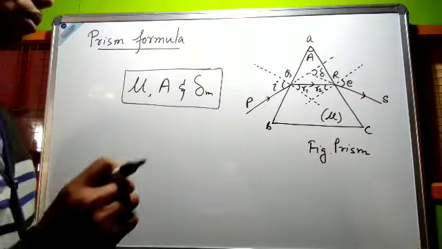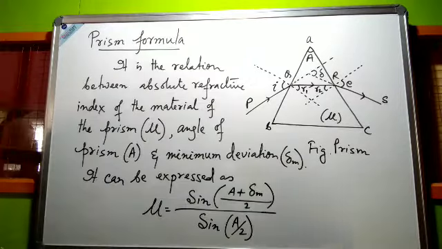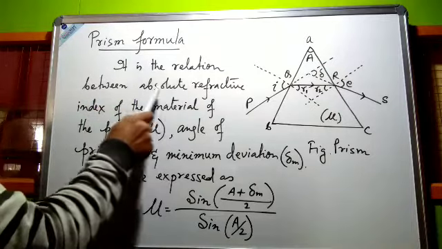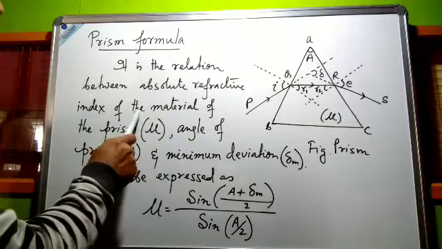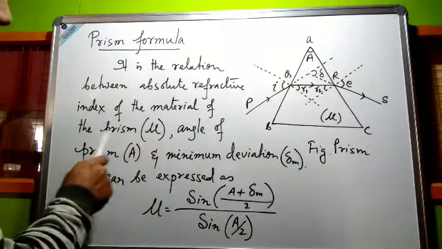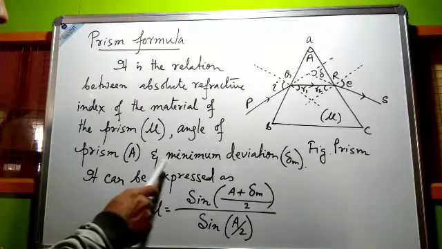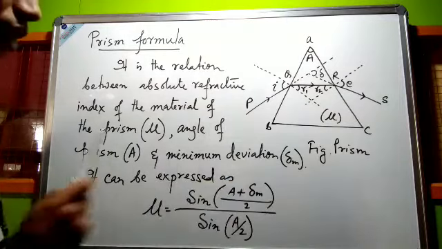We may define the prism formula like this. It is the relation between the absolute refractive index of the material of the prism, that is mu, the angle of prism capital A, and minimum deviation, that is delta m.